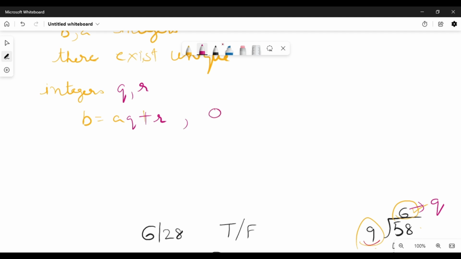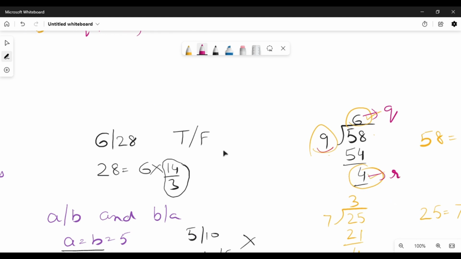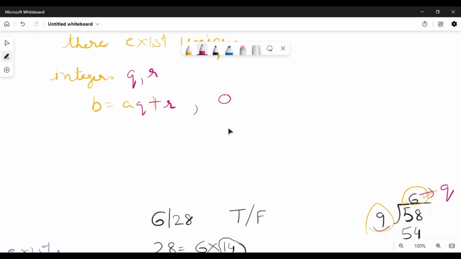It cannot be less than 0. The remainder cannot be less than 0 if you are dividing here. So it should be greater than or equal to 0. It means its value can be 0, and if the value is 0, it means it is divisible. So 0 is less than or equal to R, and R should be less than A.